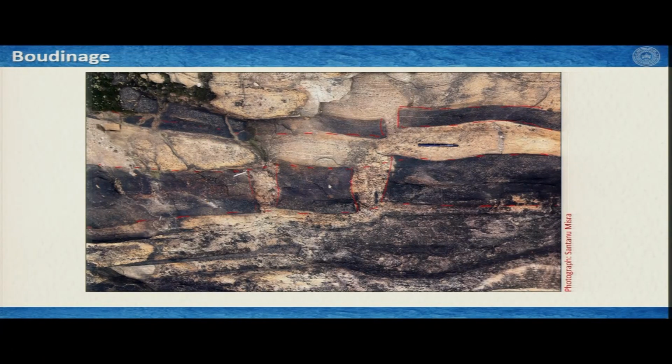So, this is your scar or separation or gap, and this is the width of the boudin, and you can see that this is somehow going in. You see here this layer which is less competent is trying to flow inside the layer, inside the gap that is being created.